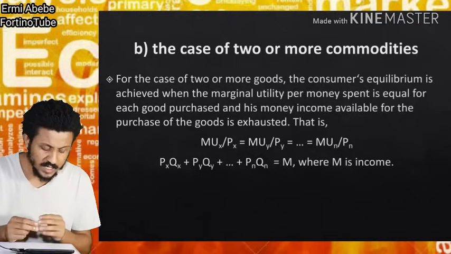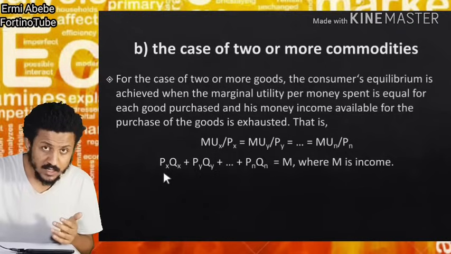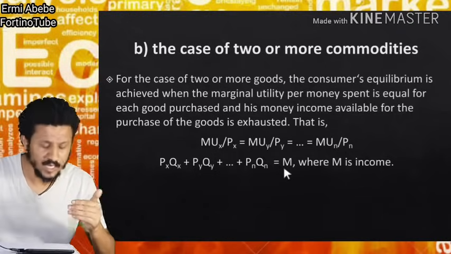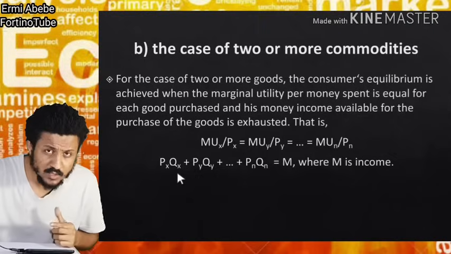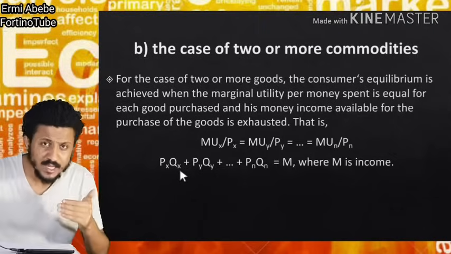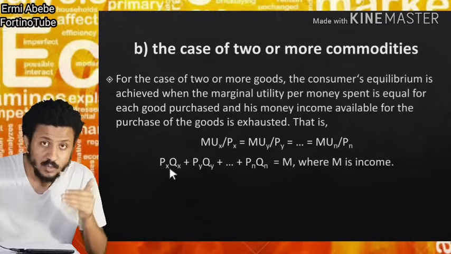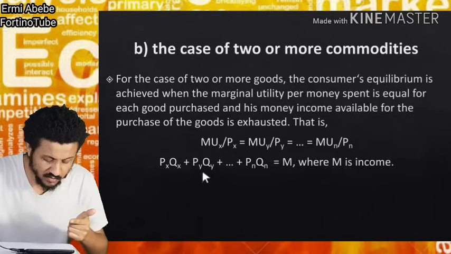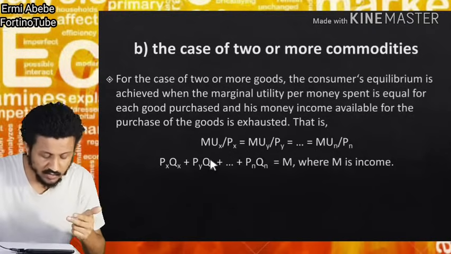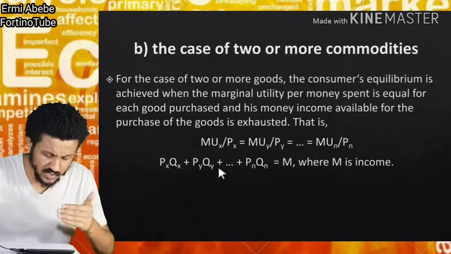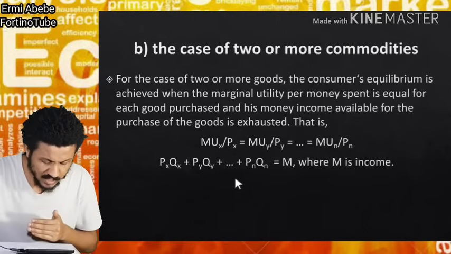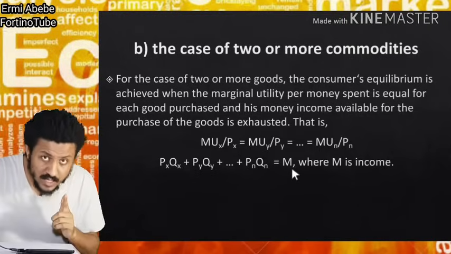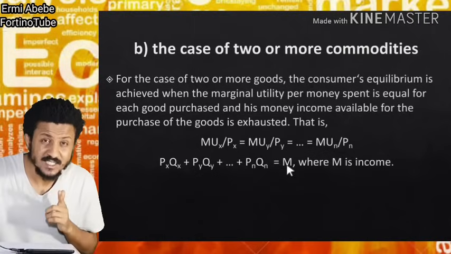Then the second one is እያንዳንዱ የገዛው ዕቃ ወጪው ተደምሮ ከብሩ መብለጥ የለበትም. ሰውየው ያለውን ብር እኩል መሆን አለበት. Price of x times quantity of x ማለት the amount of money spent on commodity x ማለት ነው. ኦሬንጅ ላይ ያወጣነው ብር ሲደመር the price of banana y times the quantity of ባናና ላይ ያወጣነው ብር ሲደመር ሌሎቹም የገዛናቸው ላይ ጠቅላላ ያወጣነው ወጪ ተደምሮ it must be equal to the income of the consumer and that is m ማለት ነው.